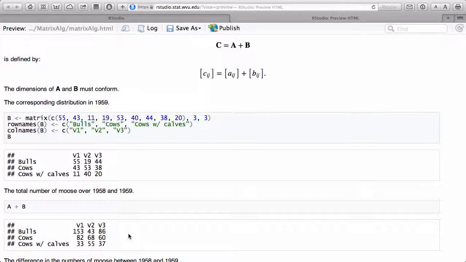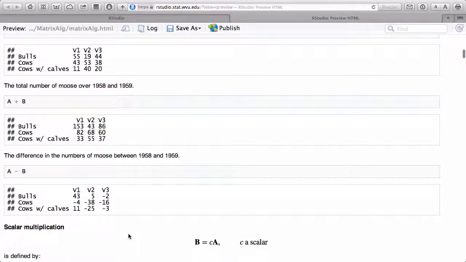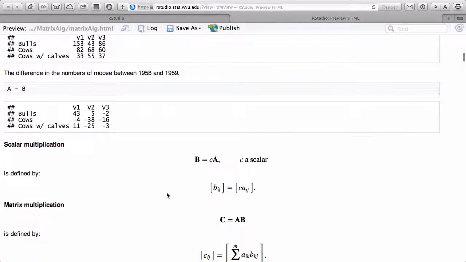You can also take the difference: A minus B is the change from 1958 to 59, the change in the number of bulls, cows and so forth for each of the vegetation areas. I could also multiply every element in a matrix by a scalar, which simply multiplies each individual element.